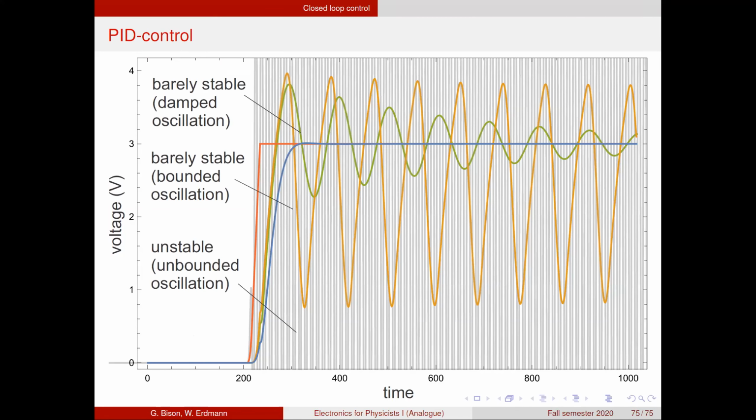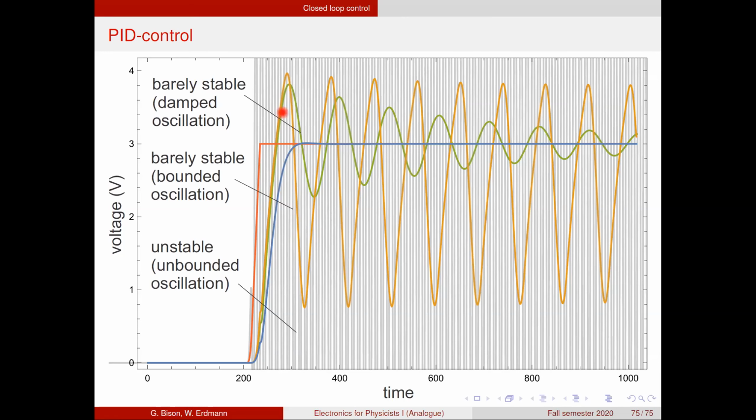Okay, I'd like to also mention stability. If we have a look again at this change in set point, the blue curve is close to the optimal performance that you can get in this situation. But what happens if we choose our time constants wrong? Also with the D part, you can get the amplifier to oscillate.